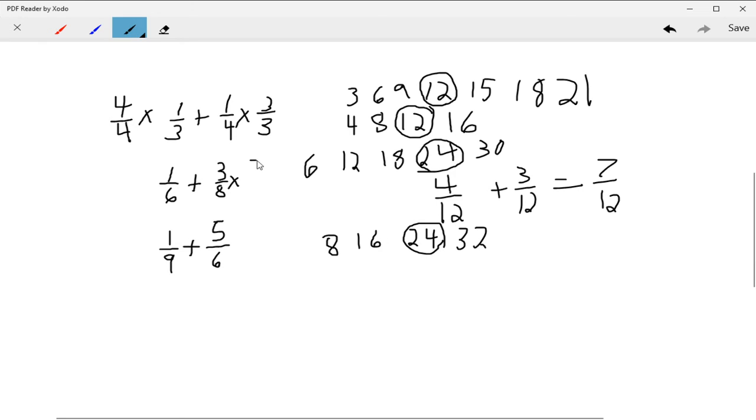So what do I have to multiply 8 by to get to 24? That's 3. So I'm going to have to multiply this by 3 over 3. So 3 times 3 is 9, 8 times 3 is 24.